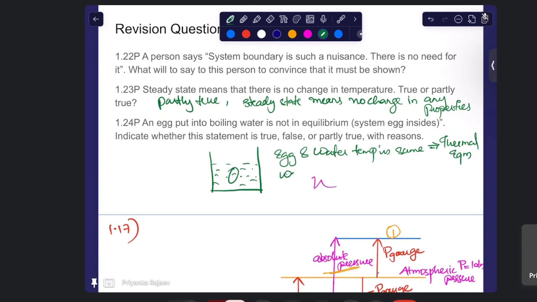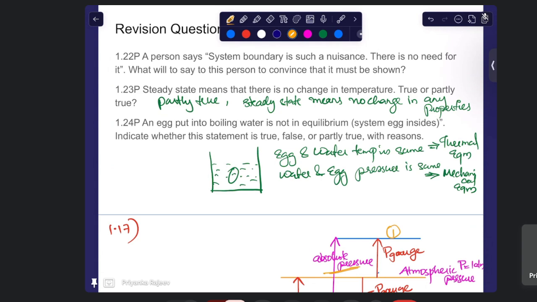Then the water pressure and egg pressure are the same. The egg will also have the same pressure at the surface that the water has at the same level. So mechanical equilibrium is also ensured. Even if we consider these two as attained, thermal equilibrium and mechanical equilibrium, the egg is getting cooked.